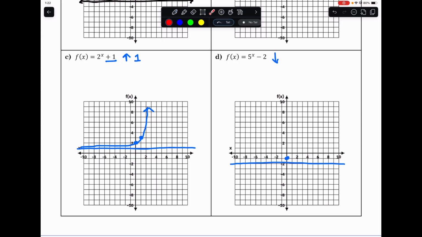And at 1, the base is 5, so we would have a point normally at (1, 5). That's going to be moved down 2 units. Oh, sorry, (1, 5) is right there. Moving that down 2 units, 1, 2, would move it right there to (1, 3). Not (1, 1). So this is what the graph will look like.